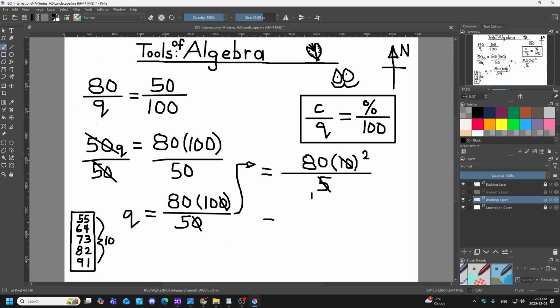We are left with any value divided by 1 is just going to be the same value. So really all we need to do is write down the numerator. And that's 80 times 2. Perfect.